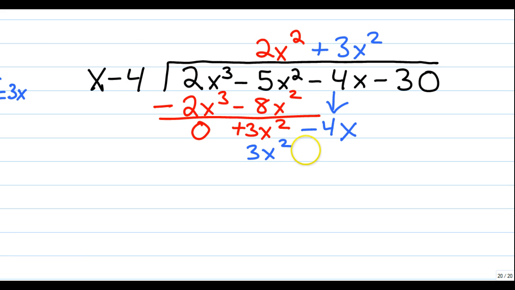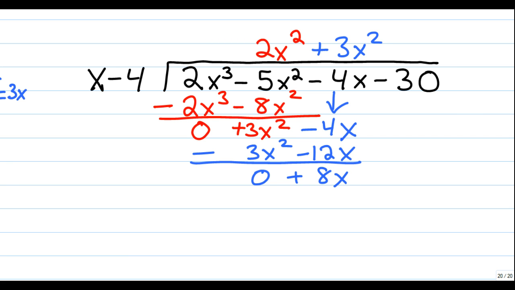So we end up out here with a negative 12x. Again, come through and subtract. So 3x to the second minus 3x to the second is 0. 4x minus a negative 12x. So again, put these two, this minus and this negative together, it's a plus. So negative 4 plus 12 is going to get you a positive 8x.